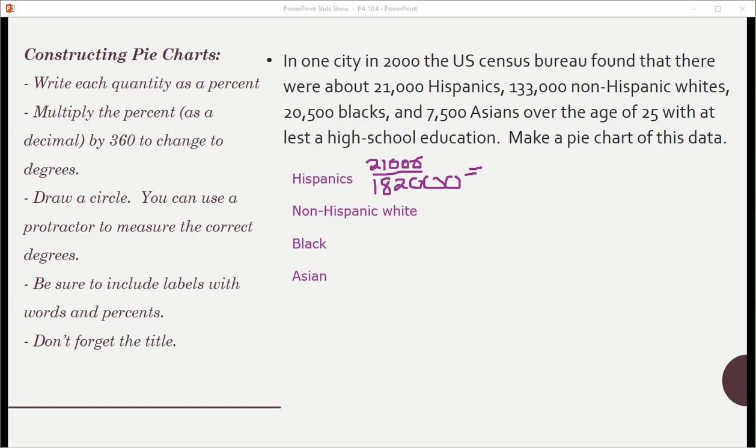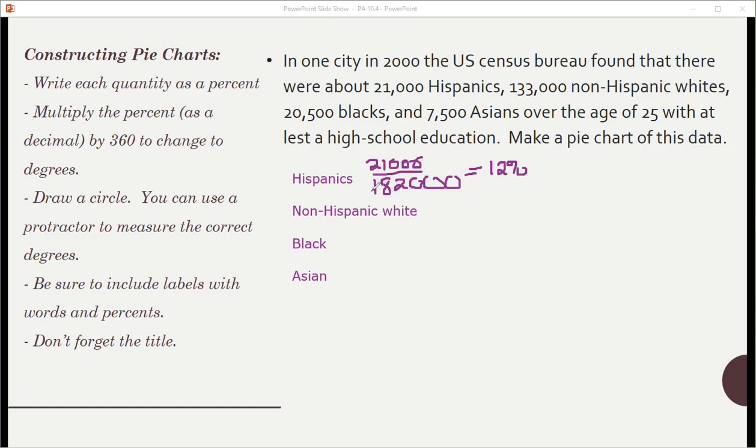Then I can find a total percent for this first number. When I do that division, I end up with 0.12, which when we write it as a percent is 12%.